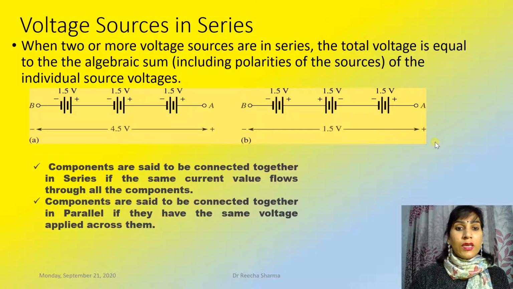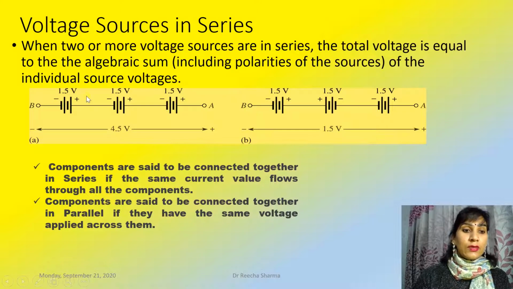Voltage sources in series. When two or more voltage sources are in series, the total voltage is equal to the algebraic sum of the individual voltage sources. As shown in this figure, we have three voltage sources, V1, V2 and V3, each having the value 1.5 volt.